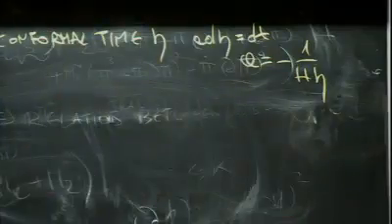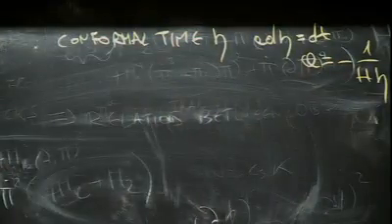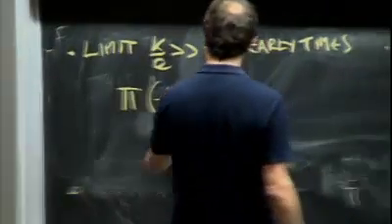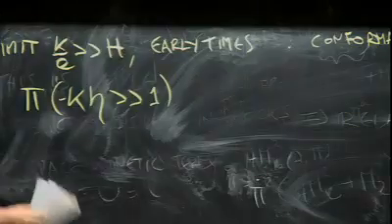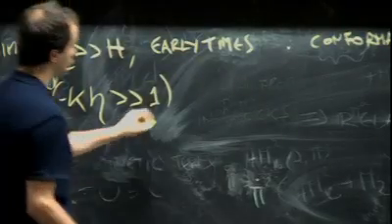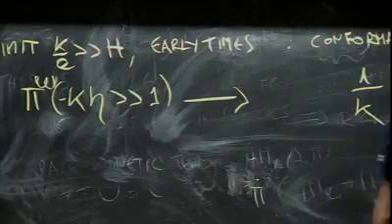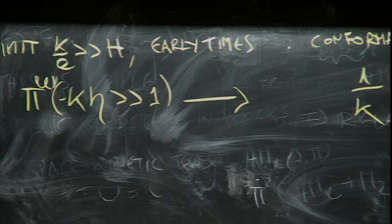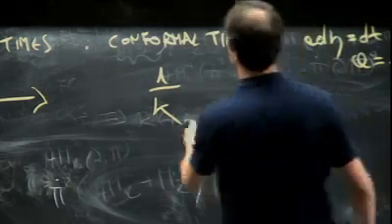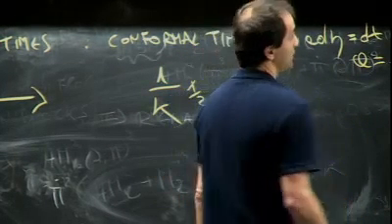Eta goes from minus infinity to 0. So k over a becomes k eta. In the limit minus k eta much bigger than 1, so very early times, way inside the horizon, the fluctuation should approach what it is in Minkowski space, which is, roughly speaking, 1 over k to the 1/2. But it's not just 1 over k to the 1/2, because there are all the factors.